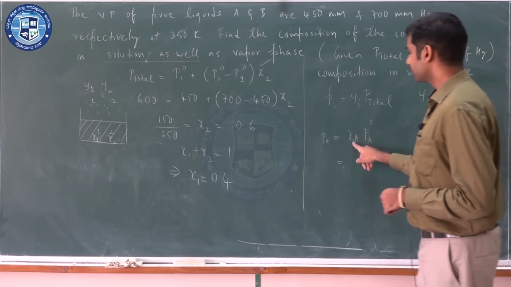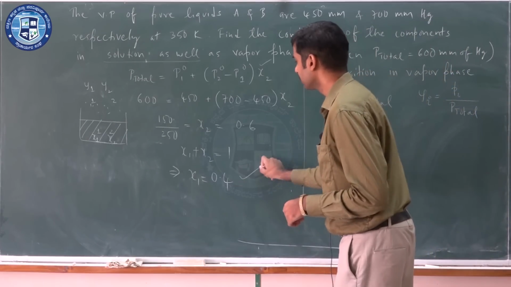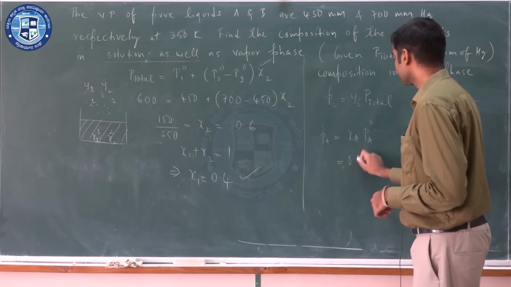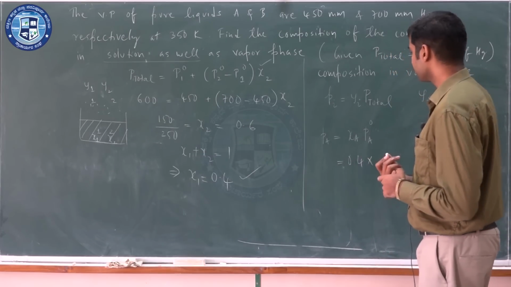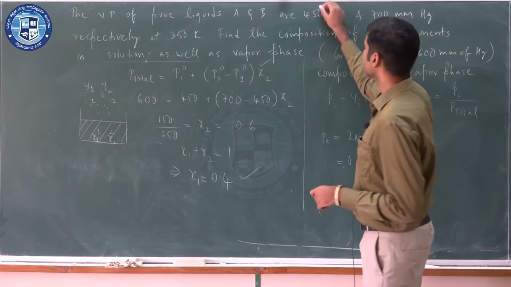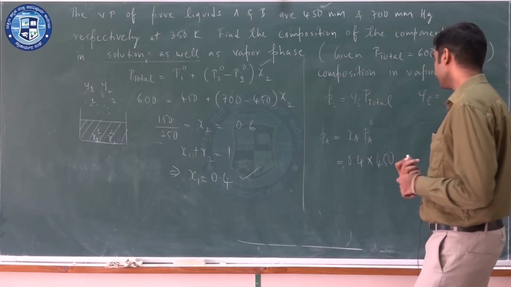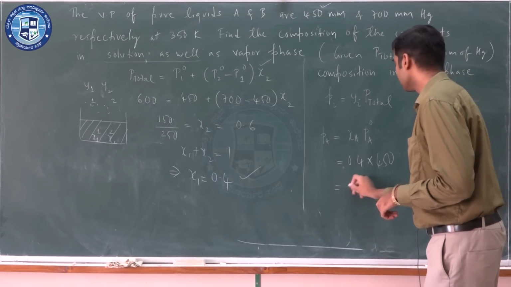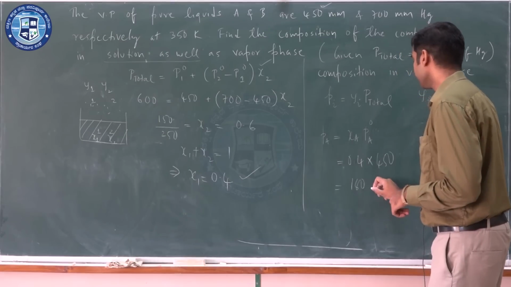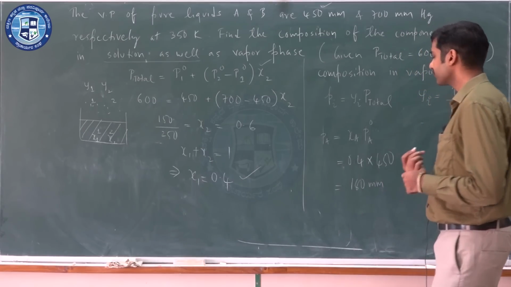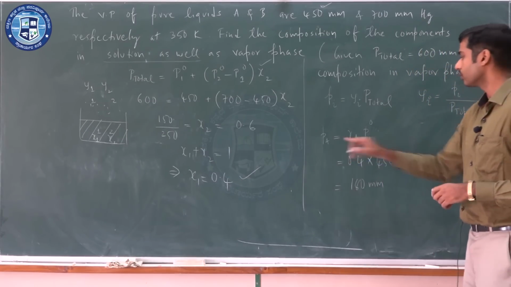So, XA, the first component, is 0.4 into the vapor pressure of the pure component, which is 450 millimeter of mercury. This will be a value of 180 millimeter of mercury. So, this is the partial vapor pressure of the component A.